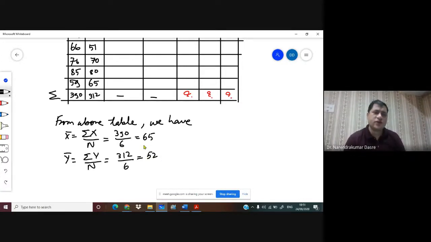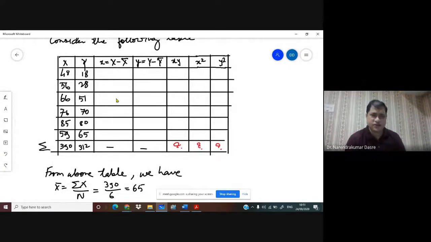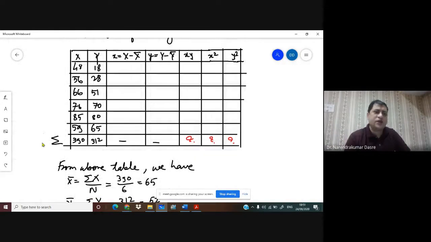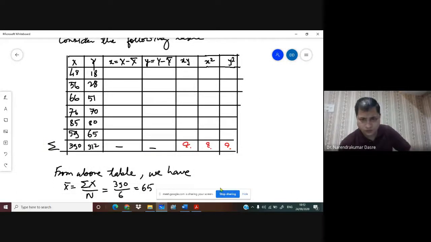Okay, so once we got this, now we have to calculate these entries. We have to calculate this table, and let me know what these values are: summation of small x into y, summation of small x square, and summation of small y square. So these are the entries that we have to calculate. Okay, so please calculate and let me know what you get. I hope you are getting this.